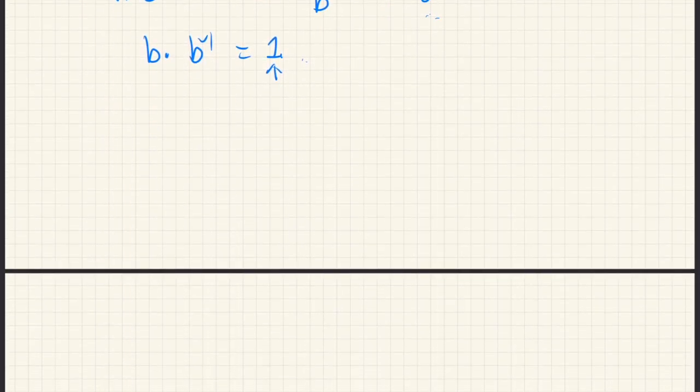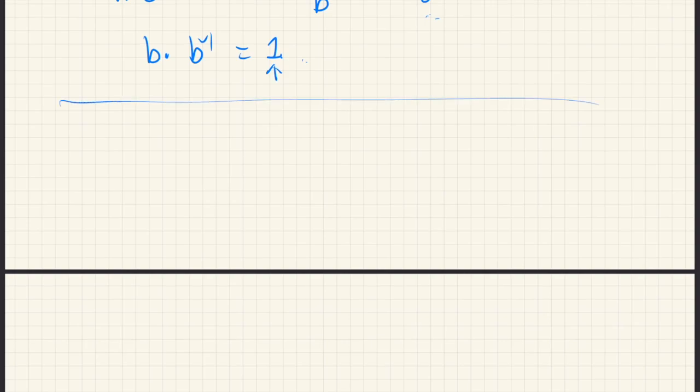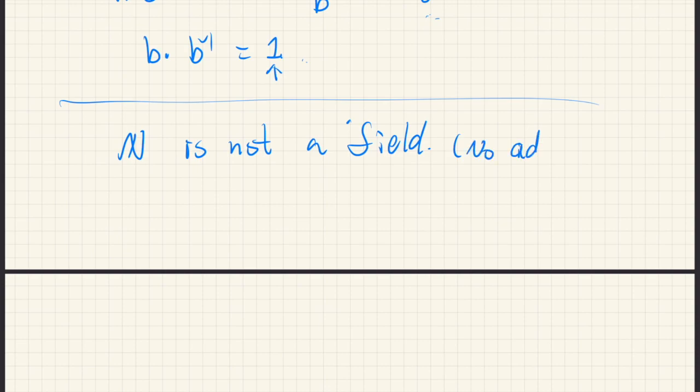Next, let's show some counterexamples. For example, the set of natural numbers is not a field, because there is no additive identity. What about N with 0?